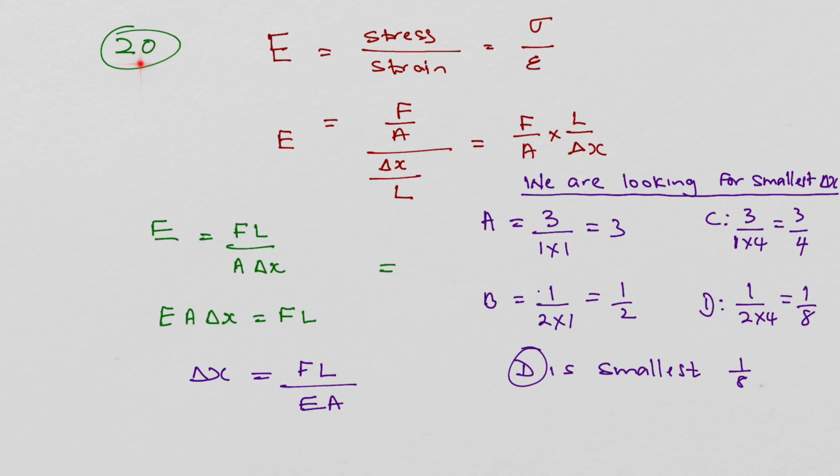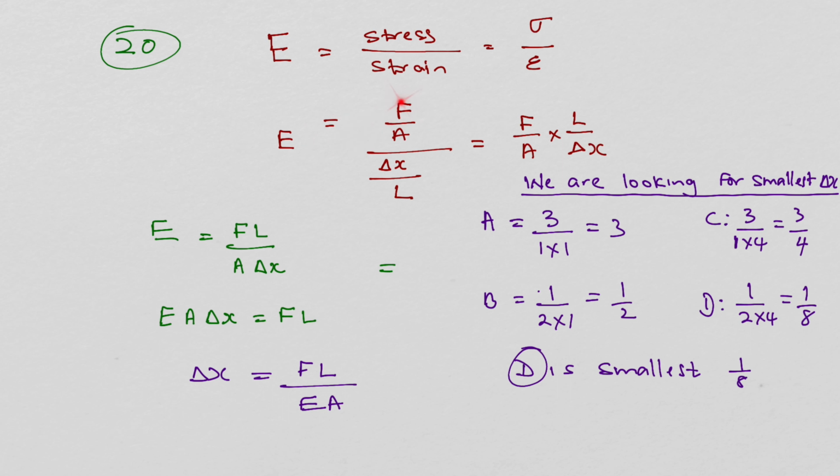Question 20. Which combination of properties would produce the smallest extension of a wire when the same tensile force is applied to the wire? Well, we have E, the Young's modulus, is stress over strain, and that's the equation.